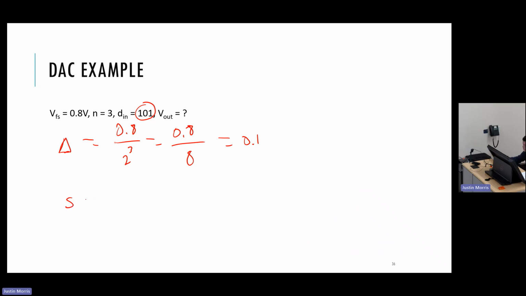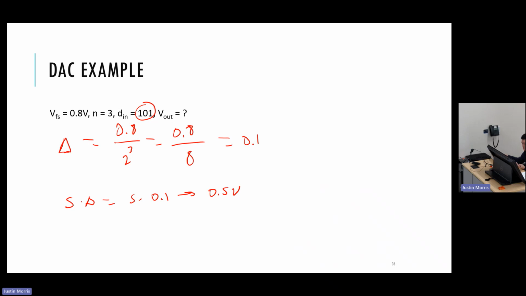So 5 times delta is my output. So it's 5 times 0.1. So I would output 0.5 volts for the input combination 1, 0, 1. Okay? So if I had the input combination 0, 0, 1, I would output 0.1 volts.